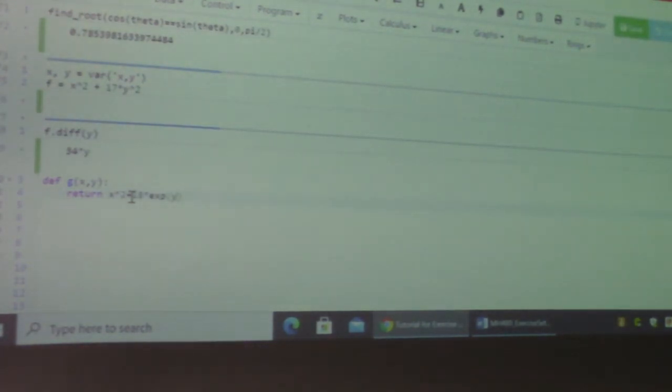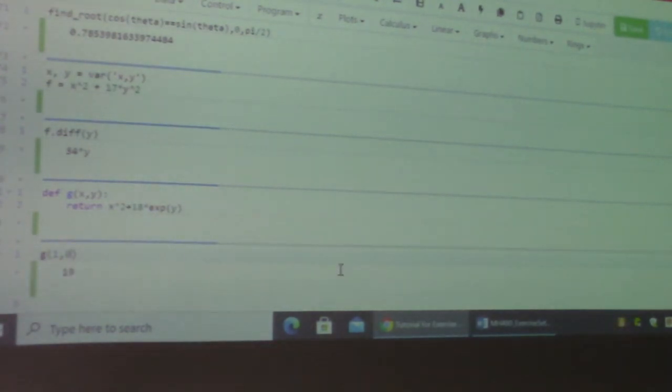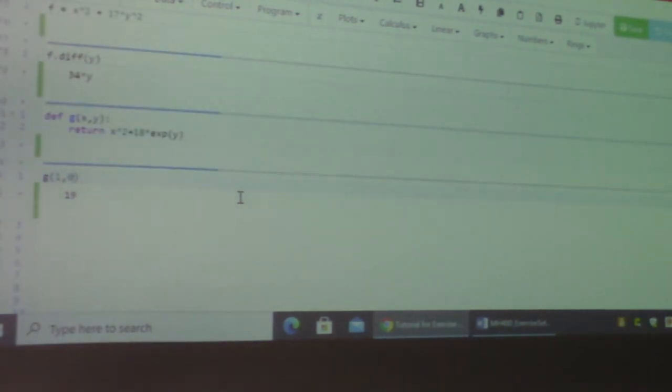See if that works. All right, well, didn't break it yet. And then if I do g of 1 comma 0, I ought to get 19. Okay. So you can properly define functions of two variables using the def that we did before.